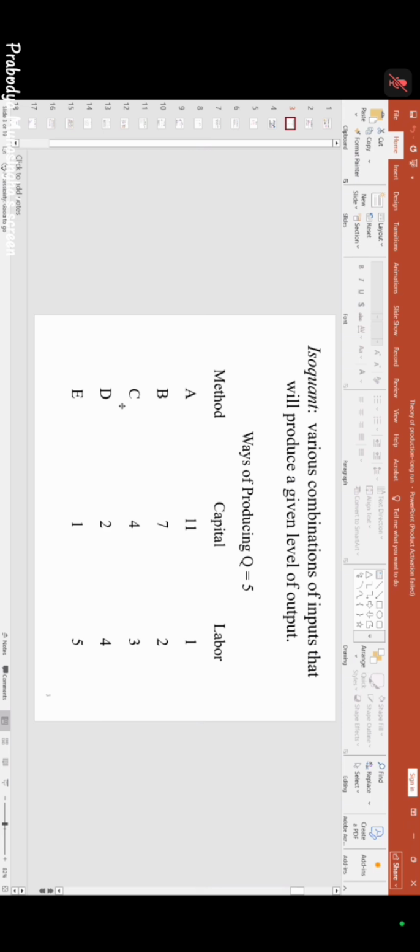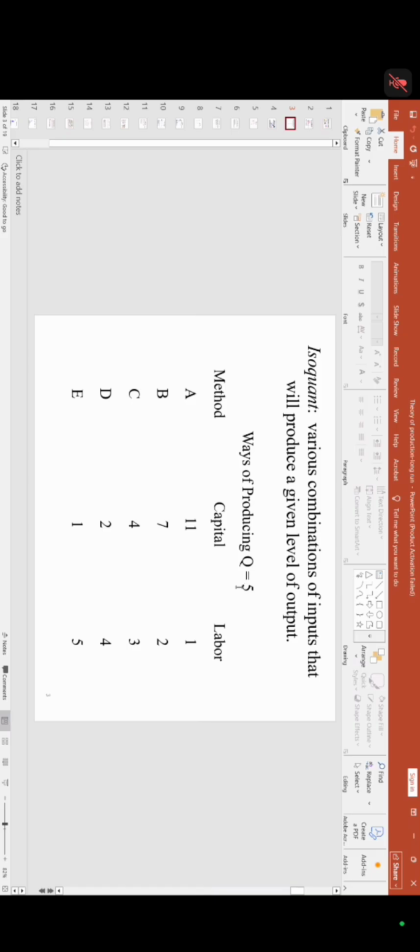So the only variable you have to change is one. Okay, but in the long run, you have to do critical analysis and decision making on these 2 variables or these 2 inputs. Okay, so as I mentioned here, if you are using different kinds of methods to produce the Q amount of output.